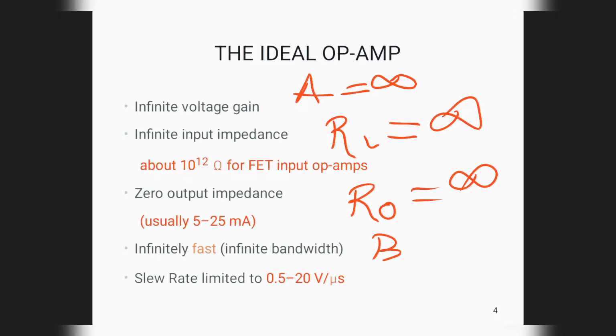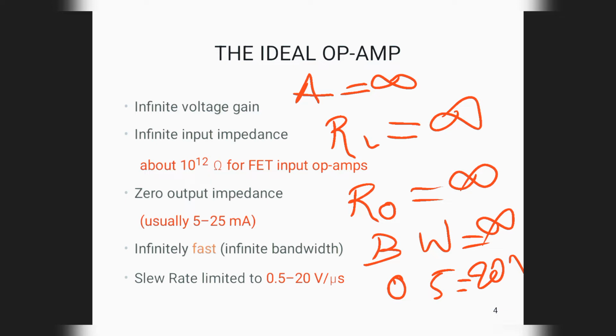The bandwidth should be infinite ideally, and the slew rate should be limited to 0.5 to 20 volt per microsecond. Ideally, the slew rate should be infinite.